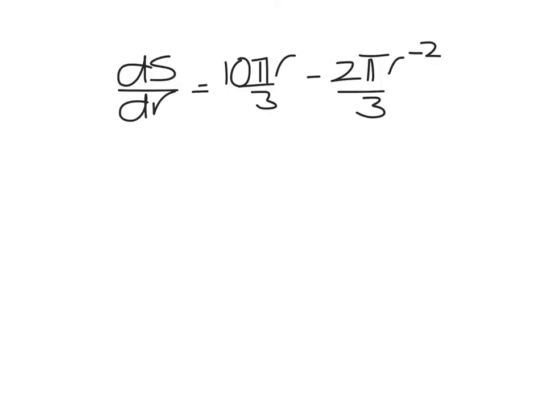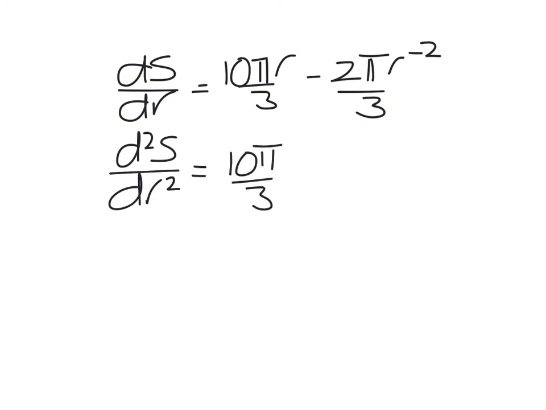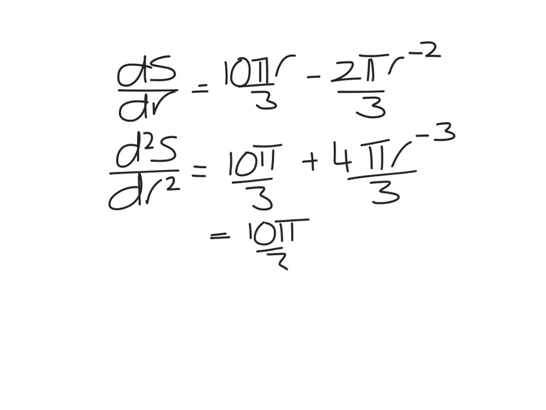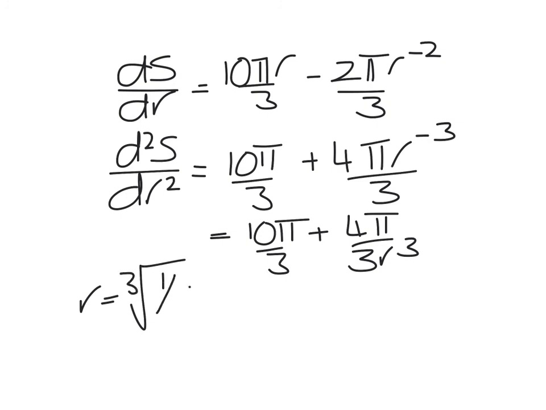Finally, we have to prove maximum or minimum, which means we need the second differential. If we differentiate r, we get 1, so that leaves us with 10 pi over 3. Minus 2 times minus 2 is plus 4, and subtracting 1 gives us minus 3. So that's 10 pi over 3 plus 4 pi over 3r cubed. r is the cube root of 1/5.